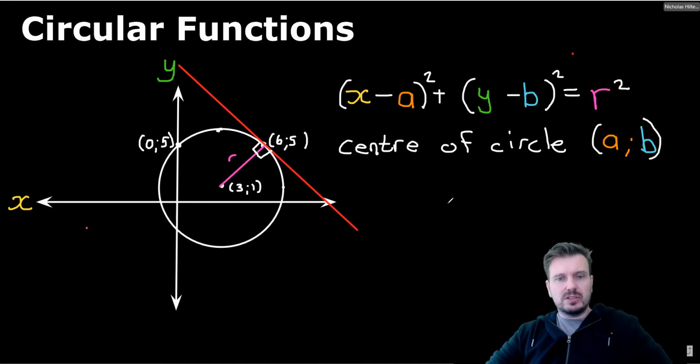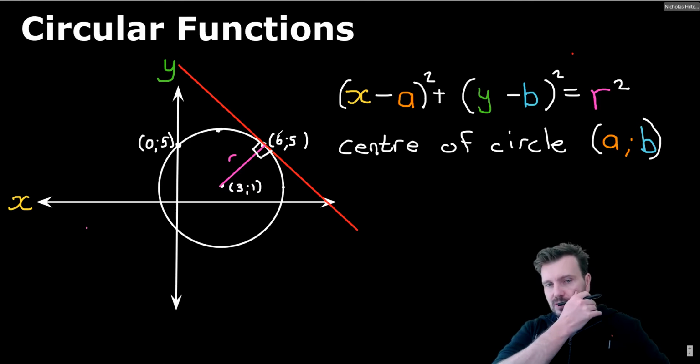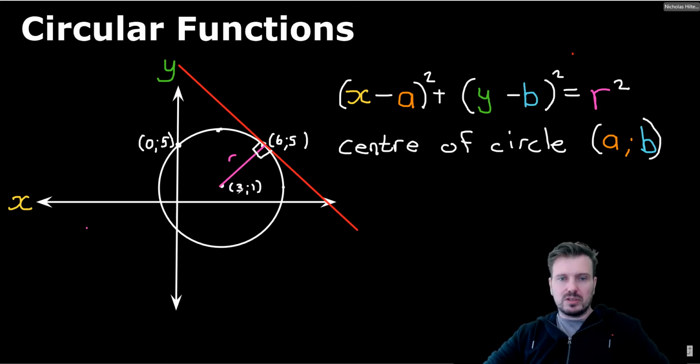So what we're going to do now is work out the equation of this red line using the information that is given to us. The first thing we can do is find the equation of the radius, because we have 2 points here on the radius. And using that, we can then get the gradient of the tangent.